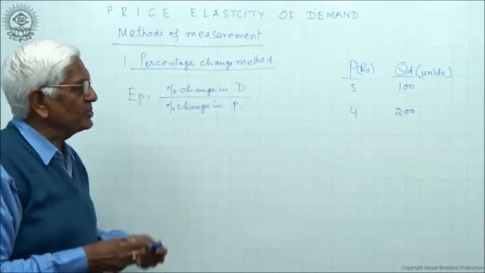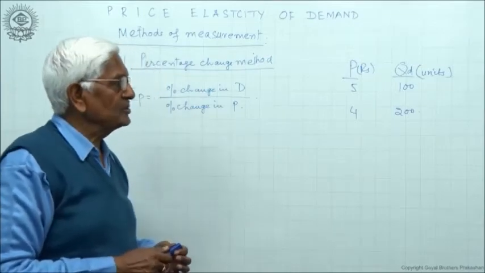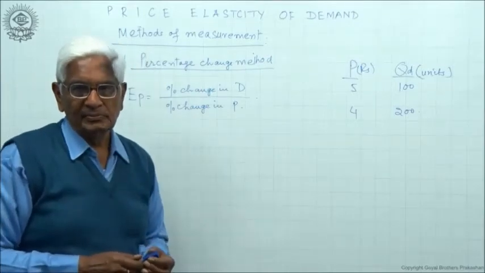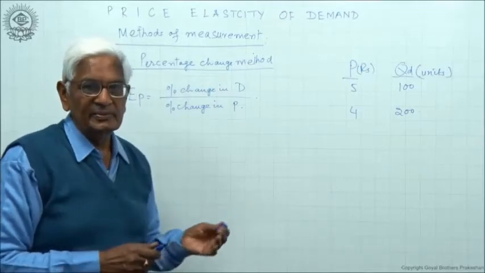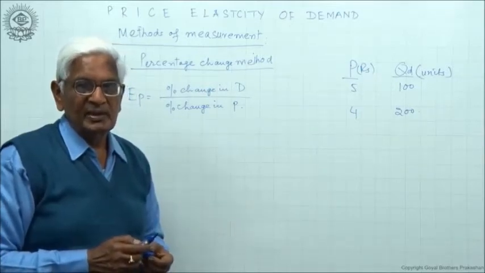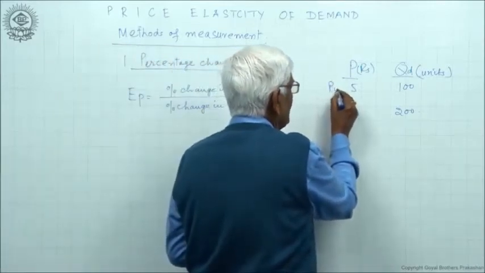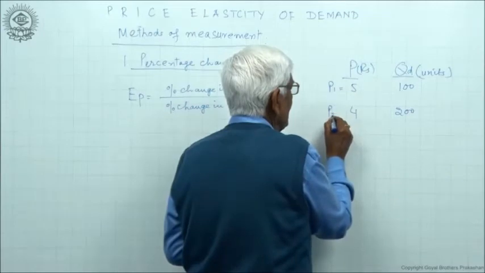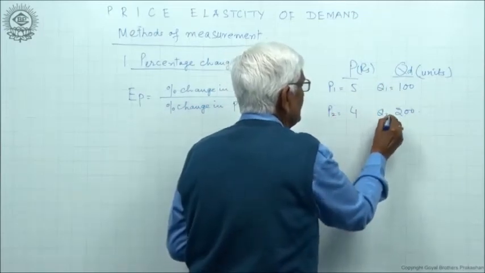So if at a price of 5 rupees the consumer demands 100 units, and at 4 rupees demands 200, what will be the price elasticity of demand? Initially, let us give them some names. Say this is P1, this is P2, this is Q1, this is Q2.